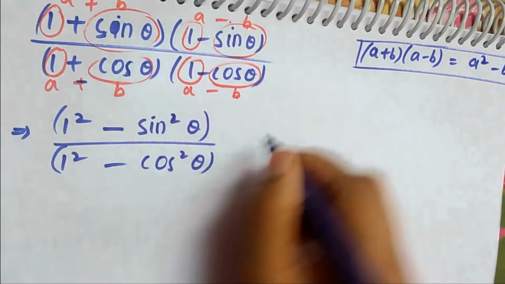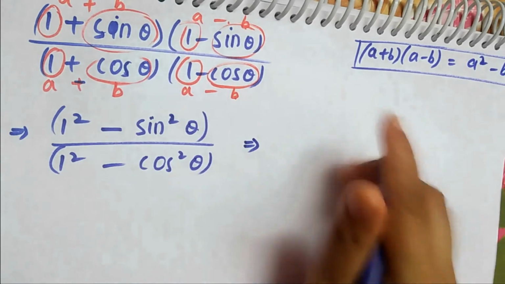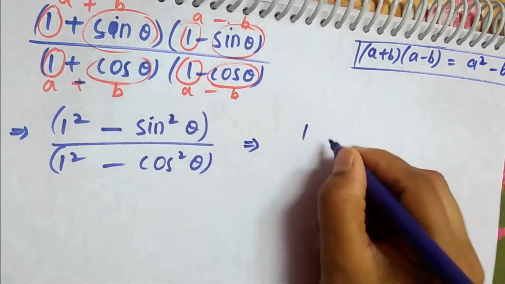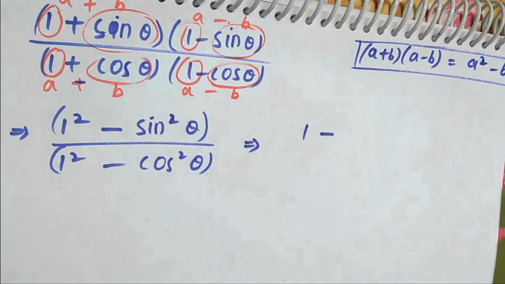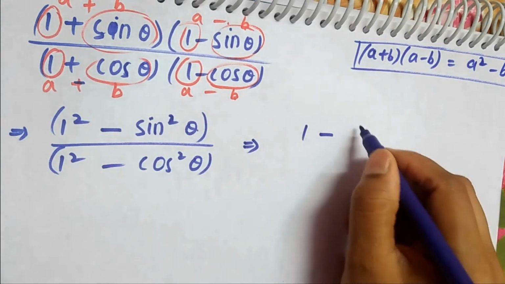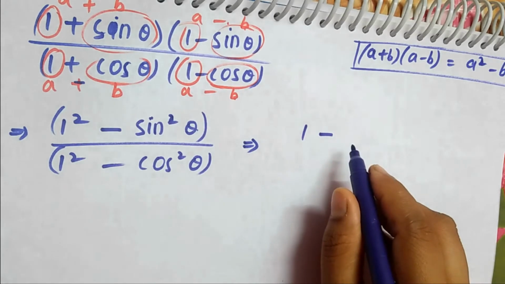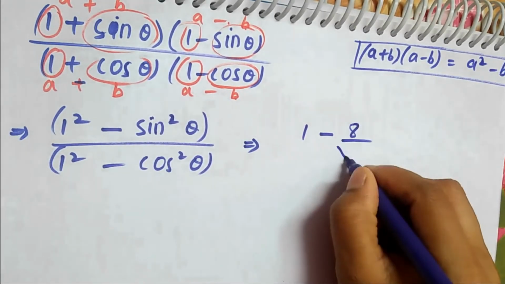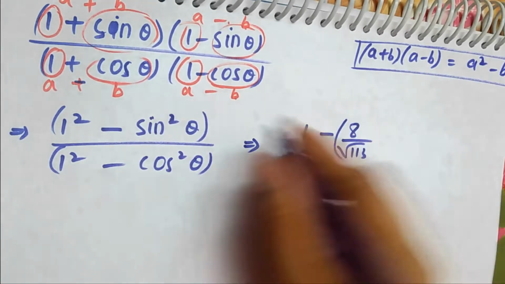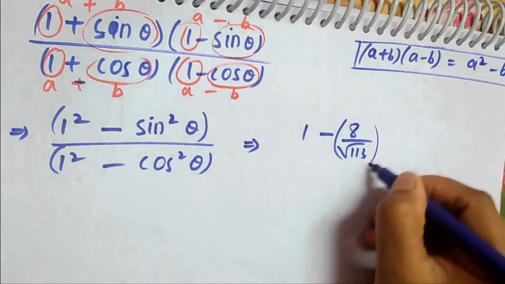Now it's very simple. 1 square is 1 minus sine theta squared. What we have just got for sine theta is 8 divided by root 113. Because it's a square, we are taking the whole thing as a square.